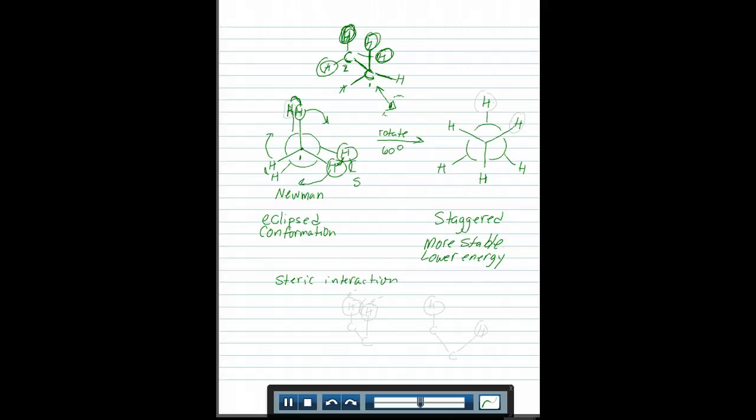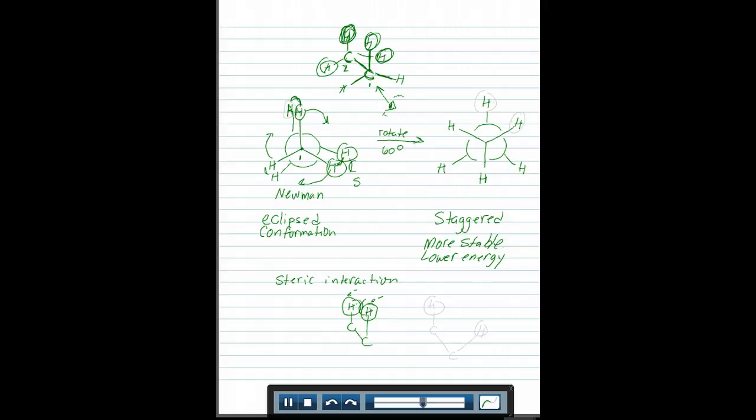So on the eclipsing, let's just put a carbon, and I'll do it on a sawhorse conformation. Your hydrogen has a sphere of electrons, and the other hydrogen has a sphere of electrons, and your electrons have a negative charge. So you have two like charges interacting with each other, and that's a very unfavorable interaction.